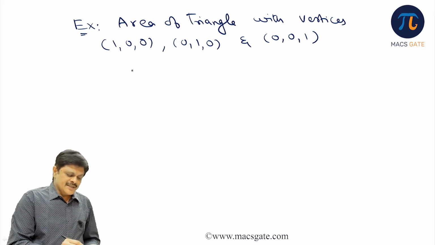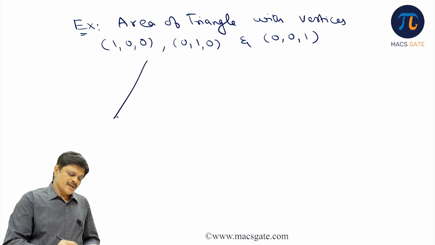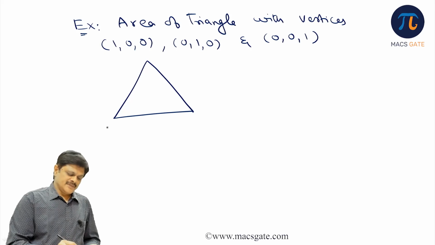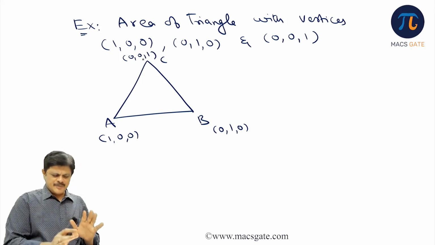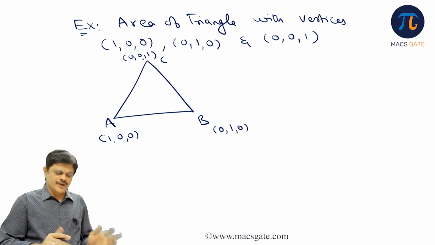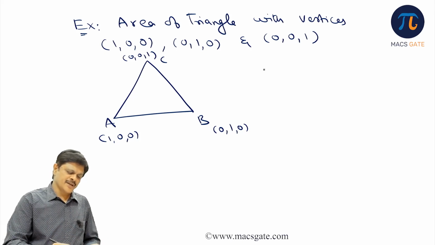The idea is you draw the triangle ABC. This is (1, 0, 0), this is (0, 1, 0), and this is (0, 0, 1). It is in space, but for convenience I'm just showing it on the plane. Please try to understand. Now this is the triangle.